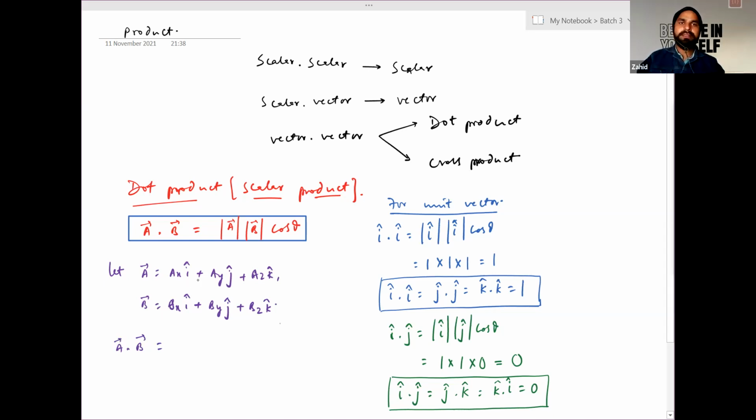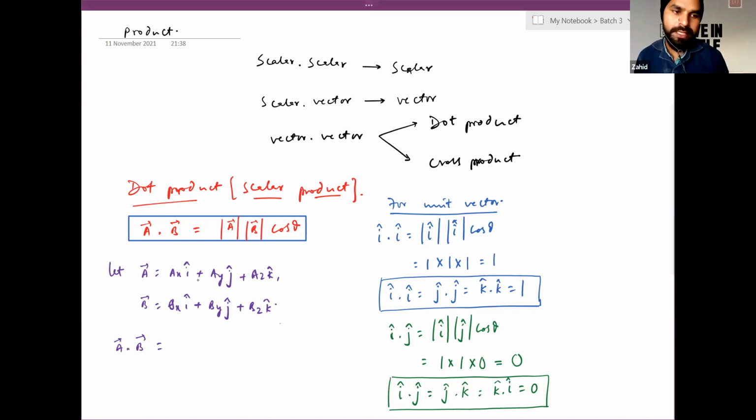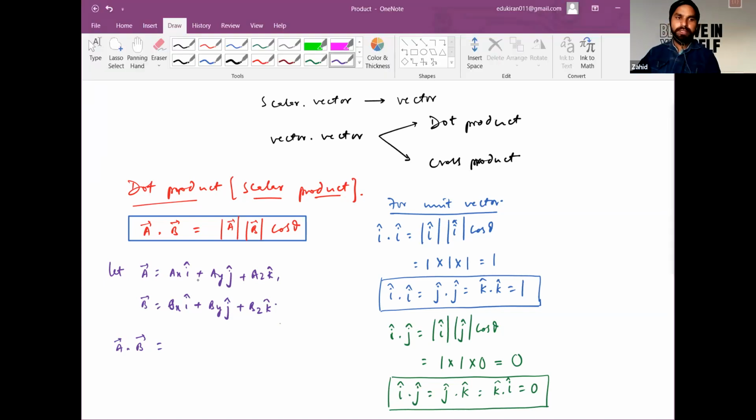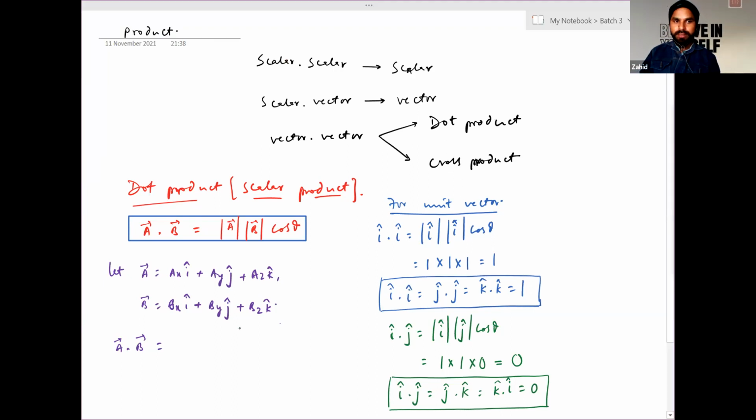You'll get Ax into Bx, I dot I, for the first part. Next, Ax into By, I dot j, will be 0. So on simplifying, you will get Ax Bx only, Ay By only, and Az Bz, and the rest of the terms will be 0.